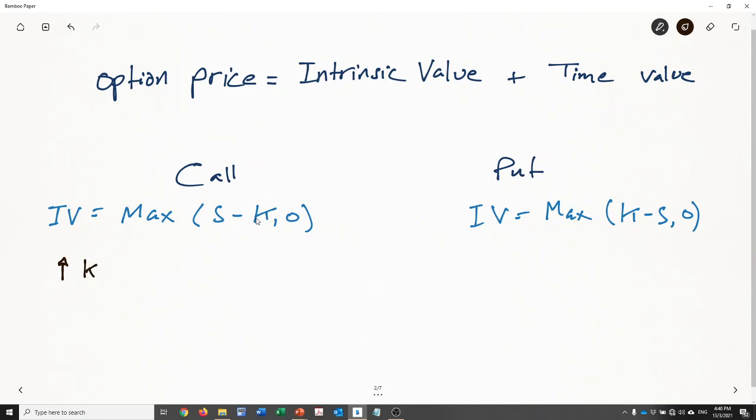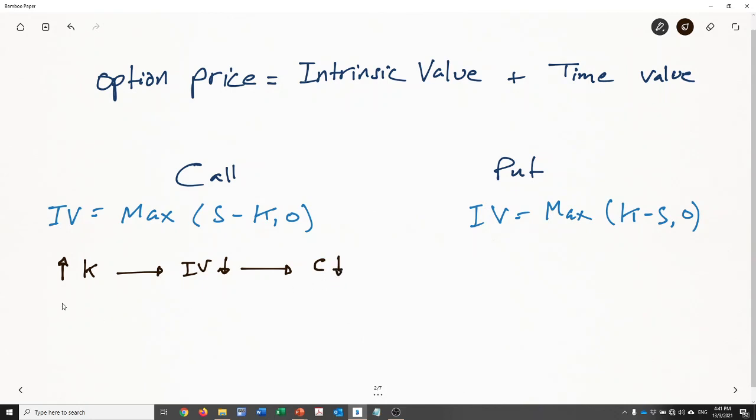So this becomes larger. This is fixed. It will not change. So the intrinsic value will become smaller, or it will decrease. If the intrinsic value decreases, what will happen to the call option price? It will also decrease.